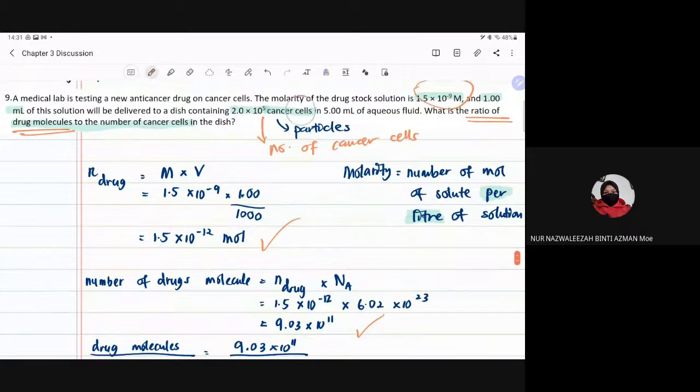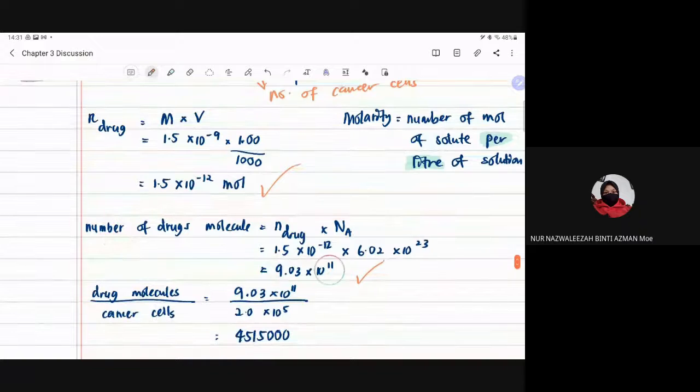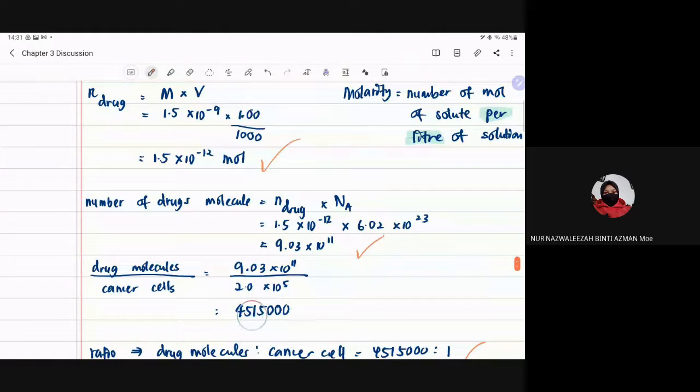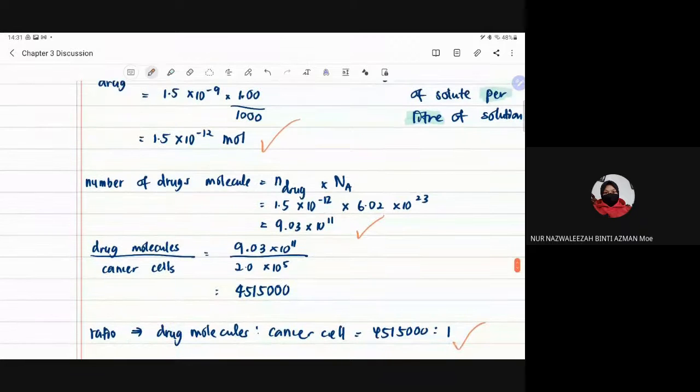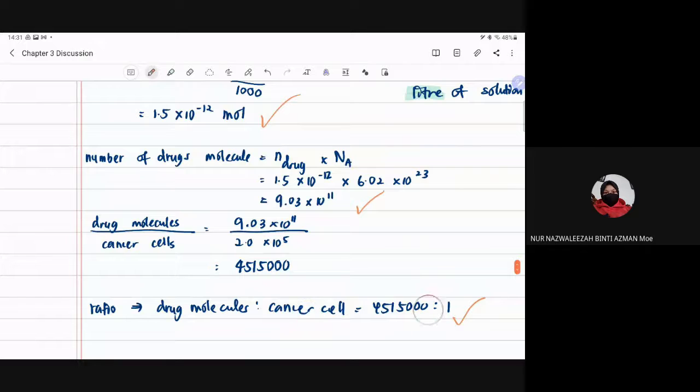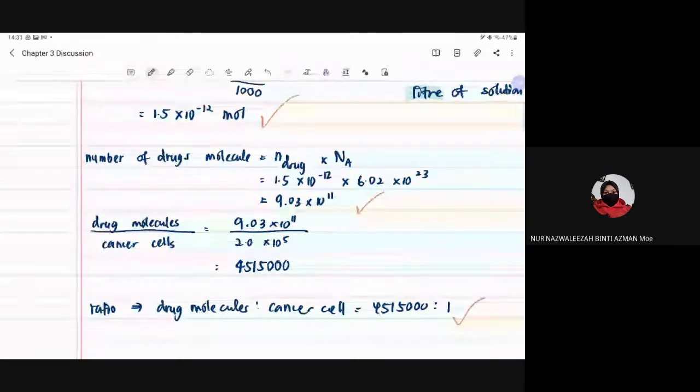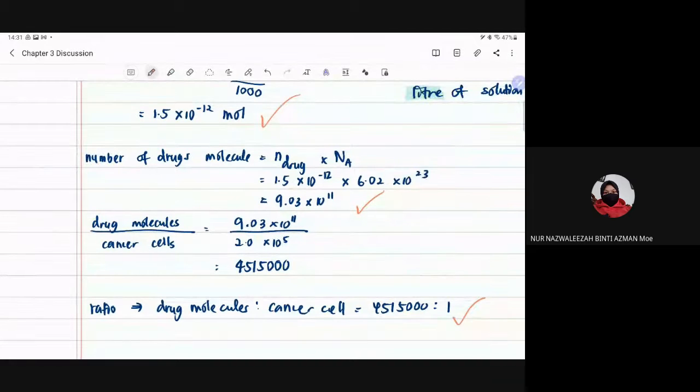Number of cancer cells dah bagi, drug molecules dah kira. So, kita bahagilah drug molecule kepada cancer cells, kita akan dapat nilai dia 451,500. Okay. Jadi nisbahnya adalah ini kepada 1. So that would be the answer. Okay, jelas?